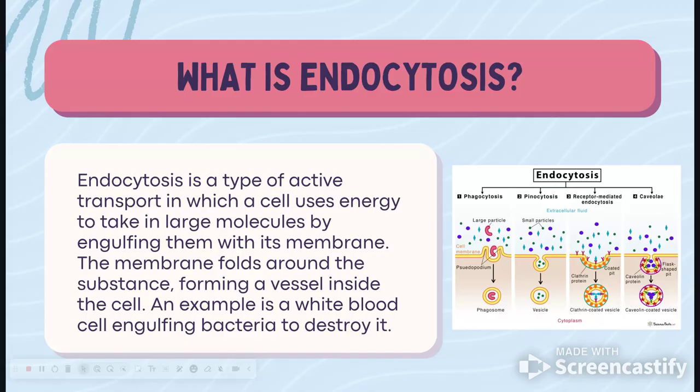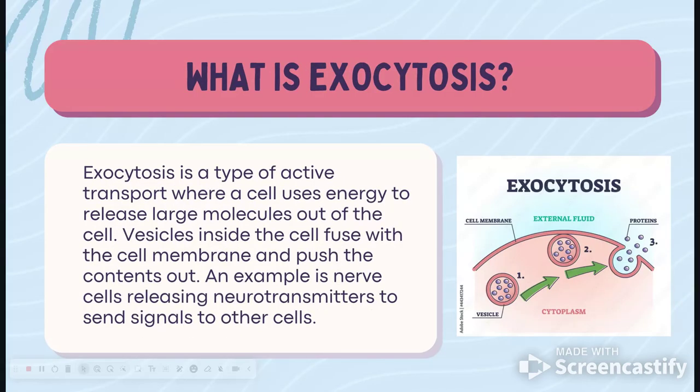A good example of this is white blood cells, because they use this method to engulf and destroy bacteria, like when you're sick or to cure a wound. They rush to the site that needs to be protected and engulf it.